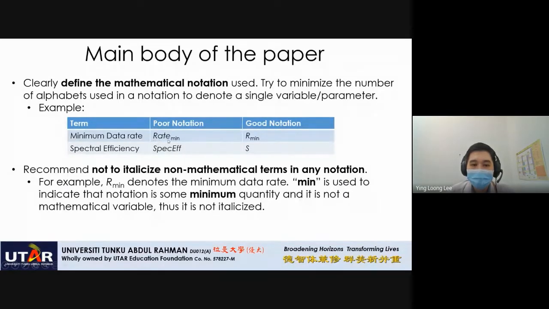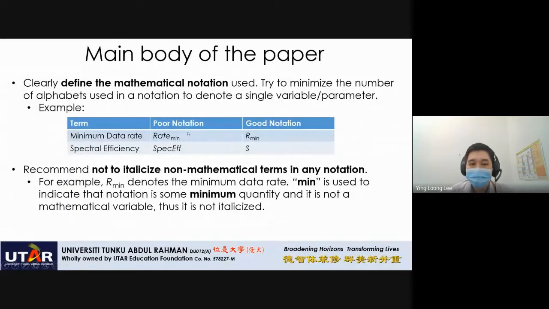This is a bit lengthy and might confuse people, since each letter in the notation may be a variable, if it wasn't introduced earlier in the paper. A recommended way is to use just one letter. In the good notation, for minimum data rate, I just use R.